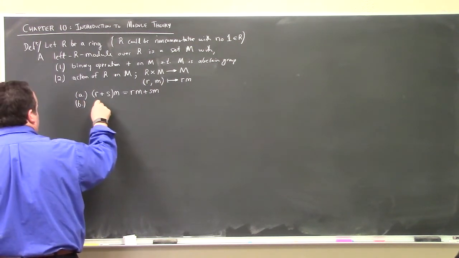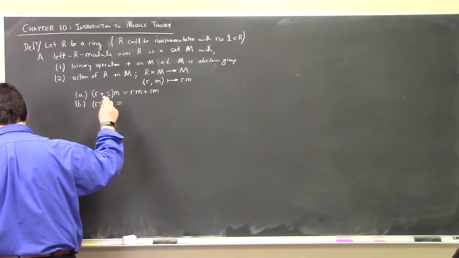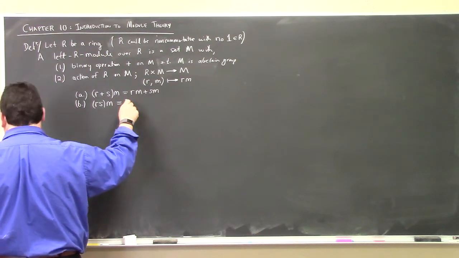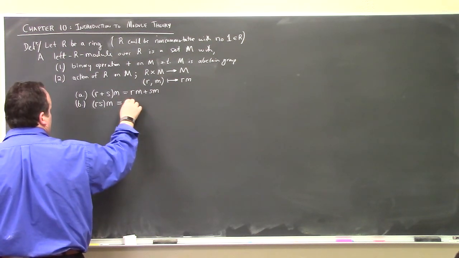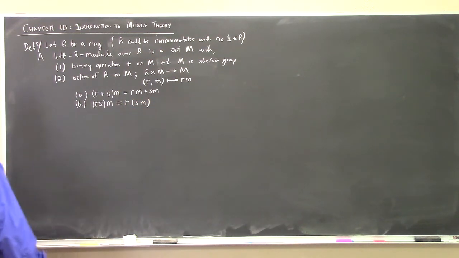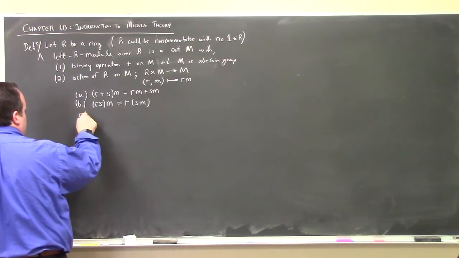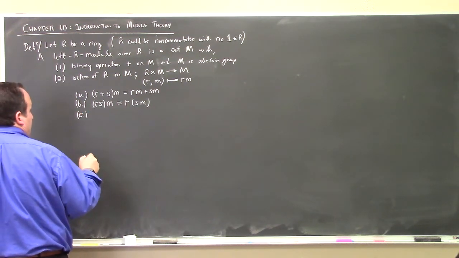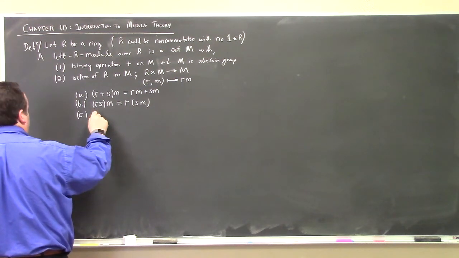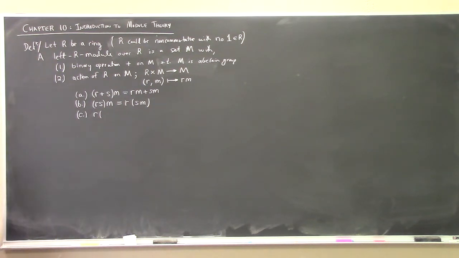You also have sort of an associativity kind of thing. (rs)m, well, rs acting on m is the same as r acting on s acting on m. And you also have distribution with respect to the addition in the module. So sometimes we refer to this set as the module.